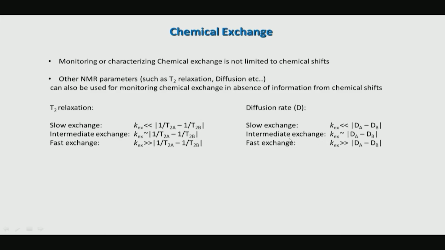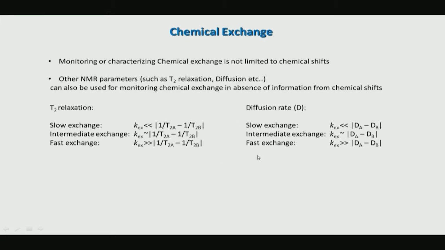Now, we can say that there is intermediate exchange if the exchange rate between the monomer and dimer comes very close to the difference in the translational diffusion coefficients of the two states. And we can say that the exchange is fast if the difference in translational diffusion between them is much smaller than the exchange rate, that is, the exchange rate is faster than the difference in the translational diffusion rates.